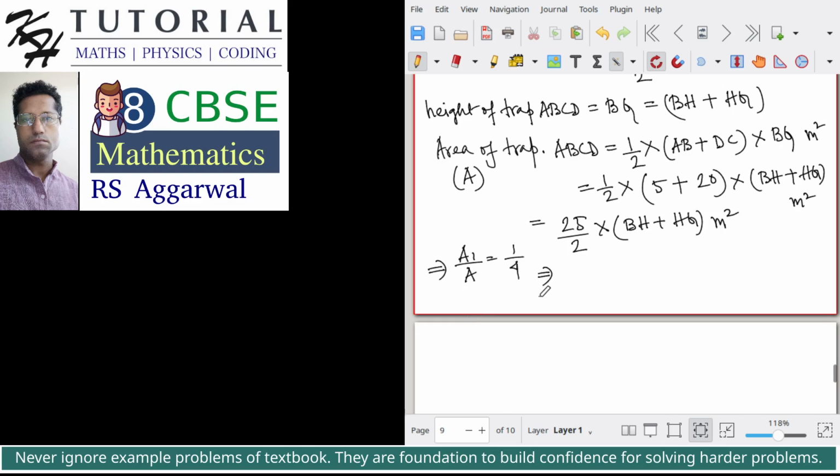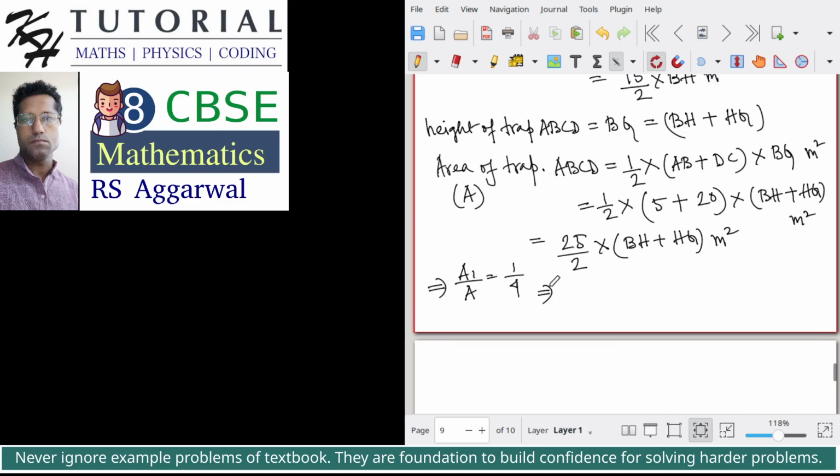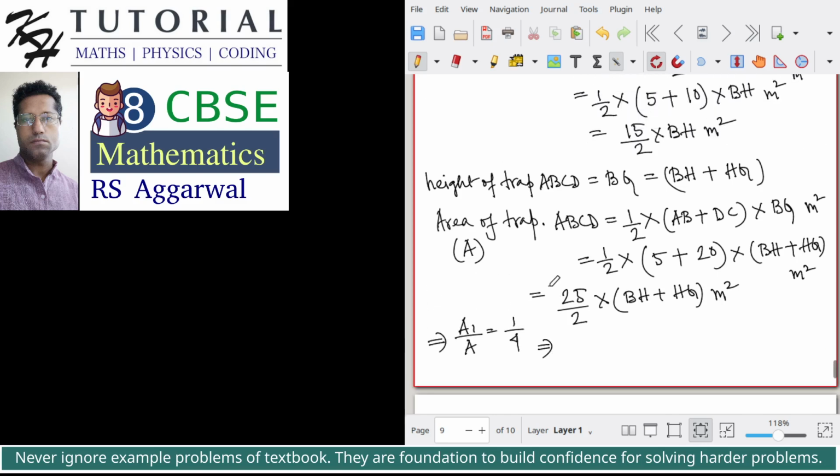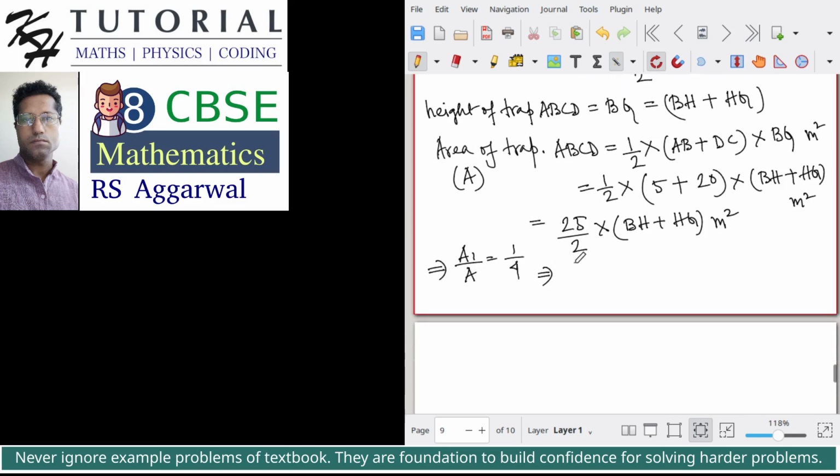A1 is 15 by 2 BH, and A is 25 by 2 multiplied by (BH plus HG). So (15 by 2 BH) divided by (25 by 2 multiplied by (BH plus HG)) is equal to 1/4.